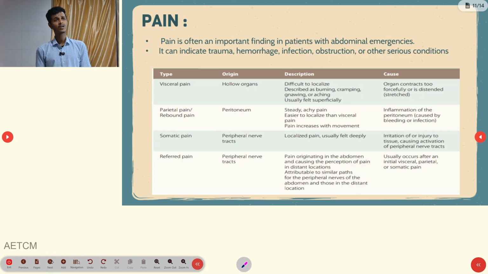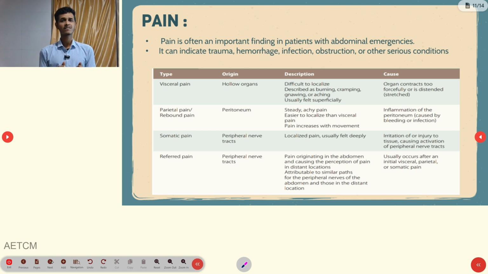Coming to the last major important thing, which is pain. Pain is an indicator of some infection or inflammation because of any hemorrhage. Here we have four types of pain: visceral pain, parietal pain, somatic pain, and referred pain. Visceral pain mainly originates from the hollow organs, the cavity organs like the stomach or intestine.